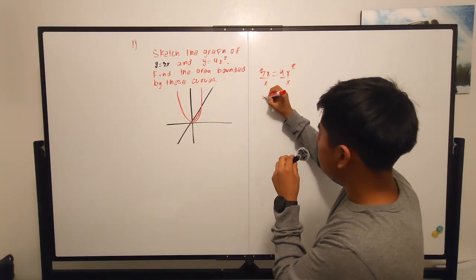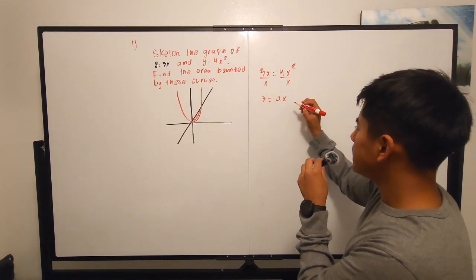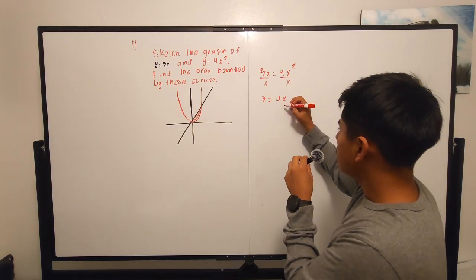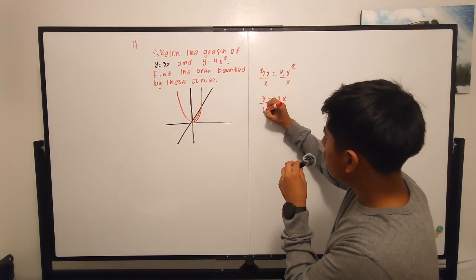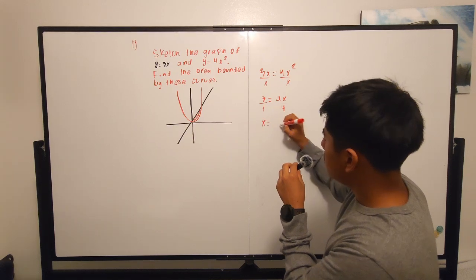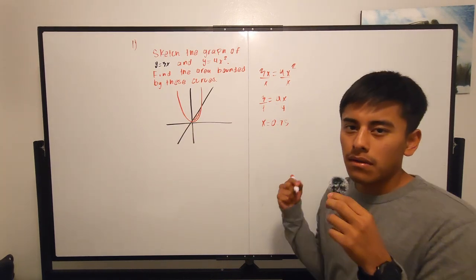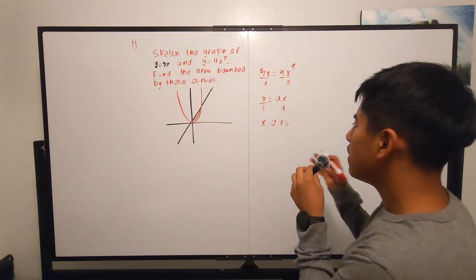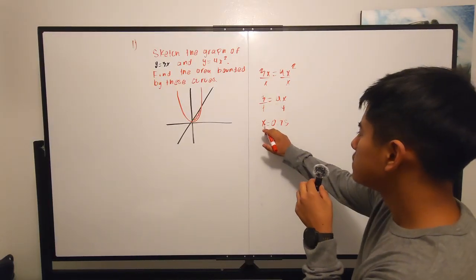So then we are left with 3 equals 4x, and now we want to get x by itself, so divide by 4. So x is going to be equal to 0.75. I like to write my things in decimals, not fractions, because fractions can get messy sometimes. And that's the upper bound.